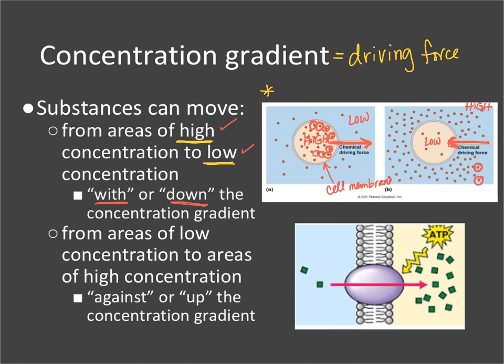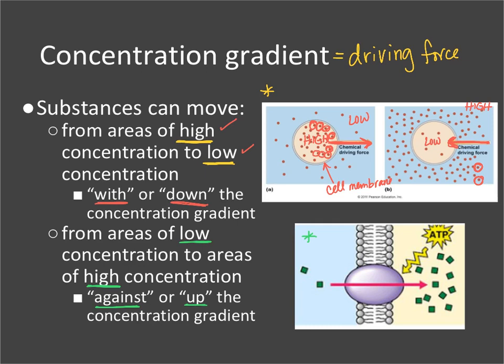Now, in some cases, like what we see with this image down here, substances can actually be transported from areas of low concentration to areas of high concentration. When this happens, we say that these materials are being moved against or up the concentration gradient.